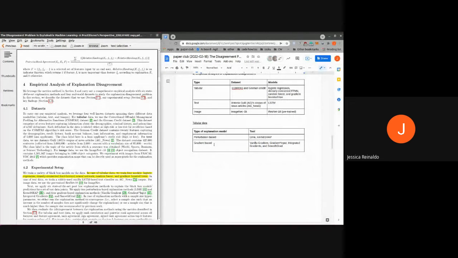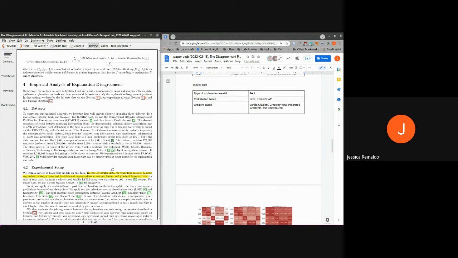So they used these explanation methods to do their experimental analysis. Perturbation-based, there are LIME and SHAP, and gradient-based, there are vanilla gradient, gradient times input, integrated gradients, and SmoothGrad. I think SmoothGrad is the most well-known of these.